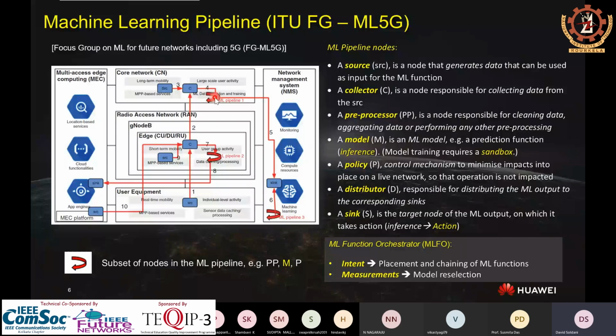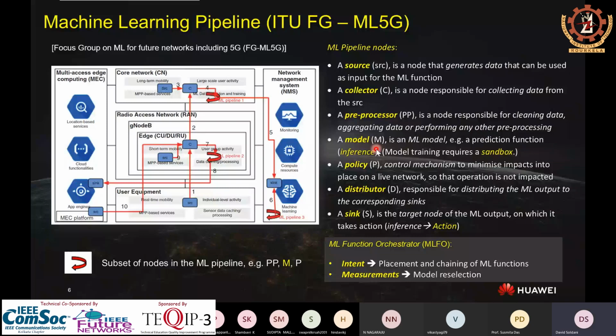So that's normally done like this. You can't train the model on a live commercial network, the production environment. That's not possible. So usually all models are trained in what we call a sandbox, meaning a simulation environment or a test environment, before the real model is pushed into the corresponding recipient.